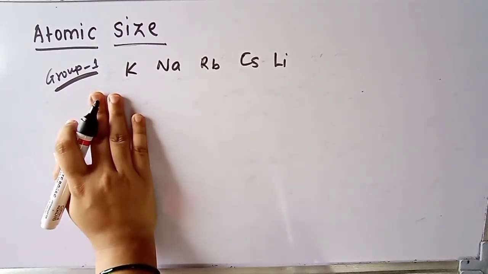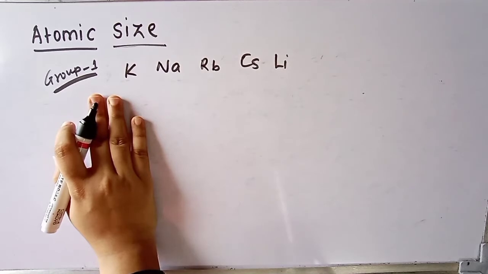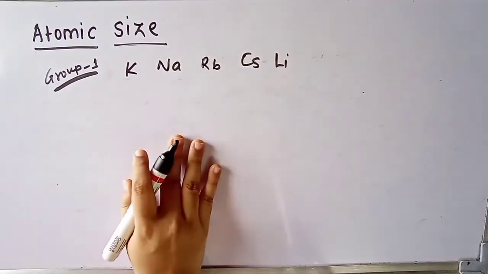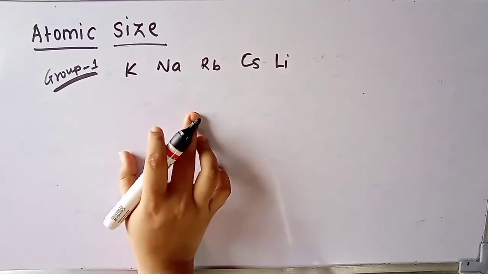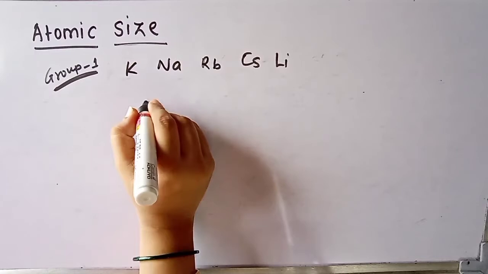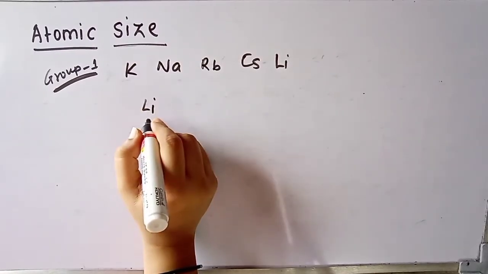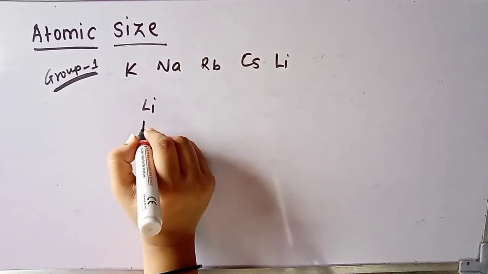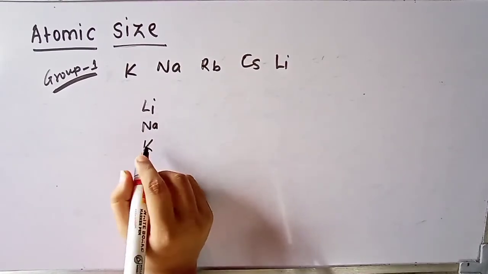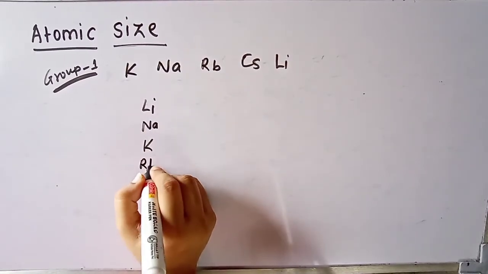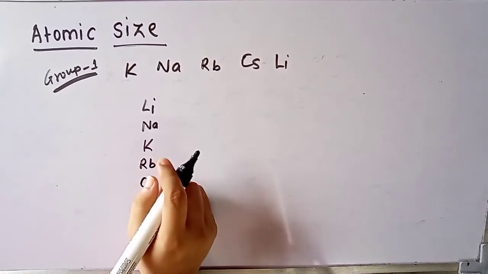Next, arrange the above elements vertically downwards in an increasing order of atomic radii. You have to write like this, in vertical format, in increasing order. So smaller will be the first. So first lithium, then sodium, then potassium, then rubidium, last one is cesium.